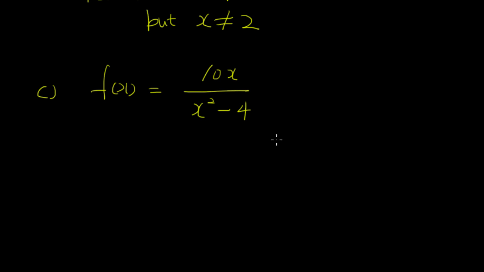One is this fraction form, a rational expression, a rational function. Another one is one with the square root, which will come up in our next example. But let's deal with this first. You want to figure out a value that will make this denominator equal to 0.